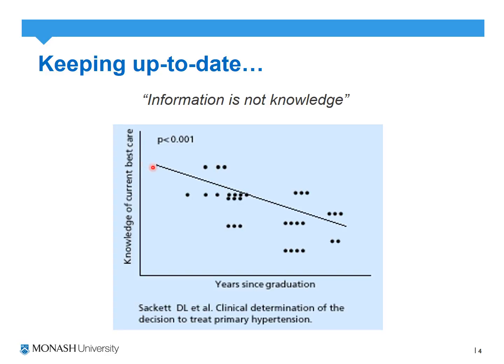This is a survey of doctors, and just at post-graduation, their levels of knowledge on this particular issue were at their peak, and unfortunately it's a slippery slope as you enter the workforce and other things take over. So what we're trying to get at is you don't need to know everything.